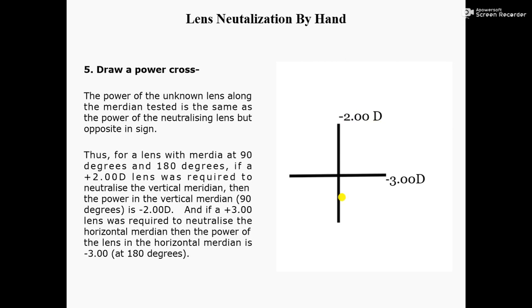And if a plus 3 diopter lens was required to neutralize the horizontal meridian, then the power of the lens in the horizontal meridian is minus 3 diopter. See the diagram. This horizontal meridian has minus 3 diopter. So this horizontal meridian we will neutralize by plus 3 diopter.